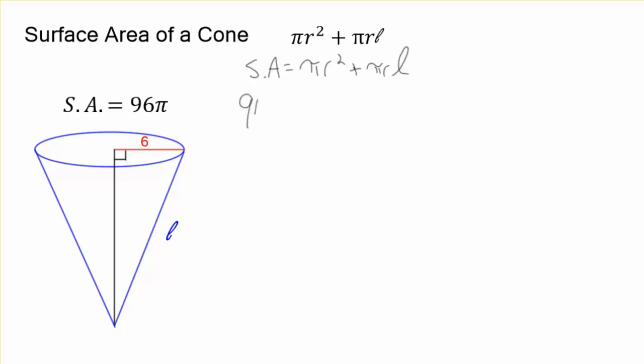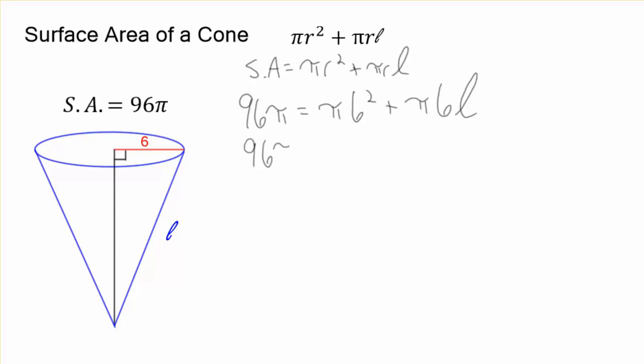Instead of surface area, I'm writing 96 pi. I write in what I know. I know pi times 6 squared plus pi times 6 times the slant height. I'm going to make that just L. I don't know what that variable is, but I know everything else. I'm going to solve for L.